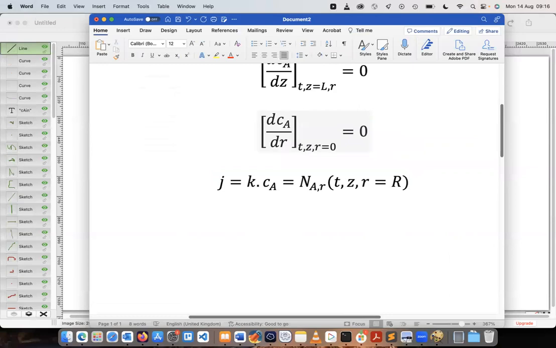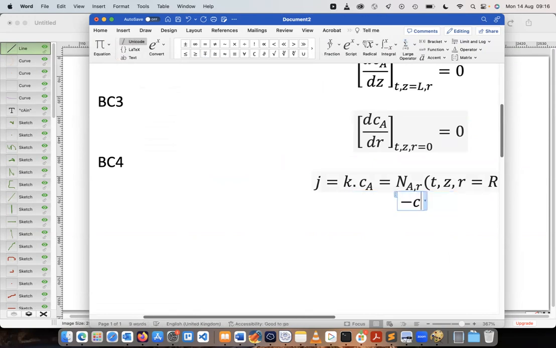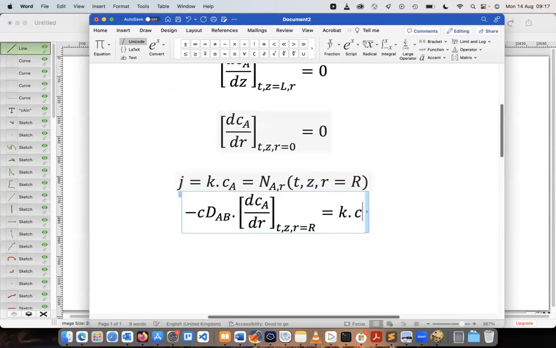We can say our fourth boundary condition is then that minus C DAB times dCA/dr, specifically at t, z and r equals R, that flux is equal to the deposition flux, which we said was kCA.